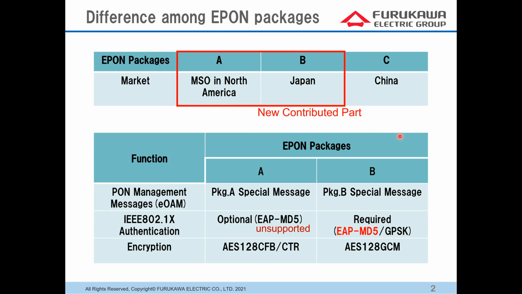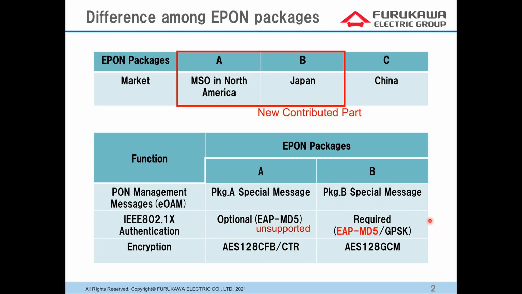The chart below shows the difference between EPON package A and package B. As for the PON management messages, special messages are needed for each of the package A and package B ONUs. For IEEE 802.1x authentication, package A is optional and supports EAP-MD5, which is not implemented in our contribution.